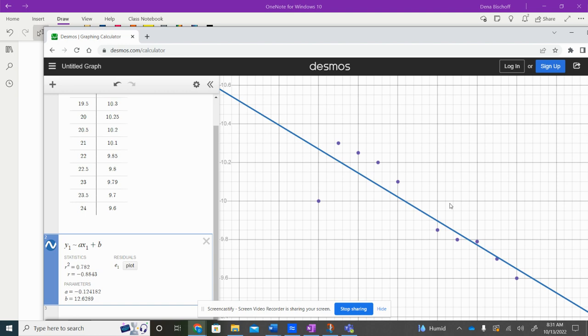It has negative correlation, and the correlation coefficient is negative 0.88. I know it's got more numbers, but that's fine. Based off of this little table right here, what's my equation going to be?